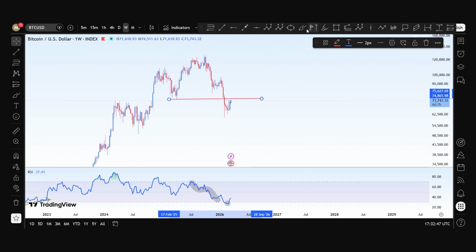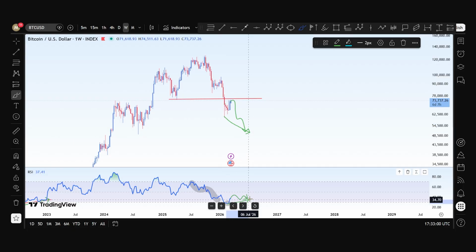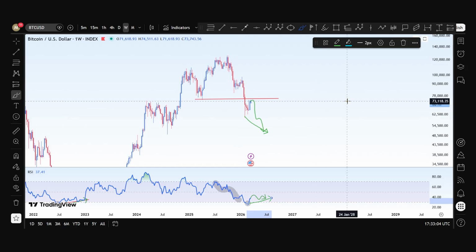So probably if we hit this, we will go back down here again, then we start to create what we call a bullish divergence, where the price dips again but on the RSI it goes higher, and from there we can assess the situation more.